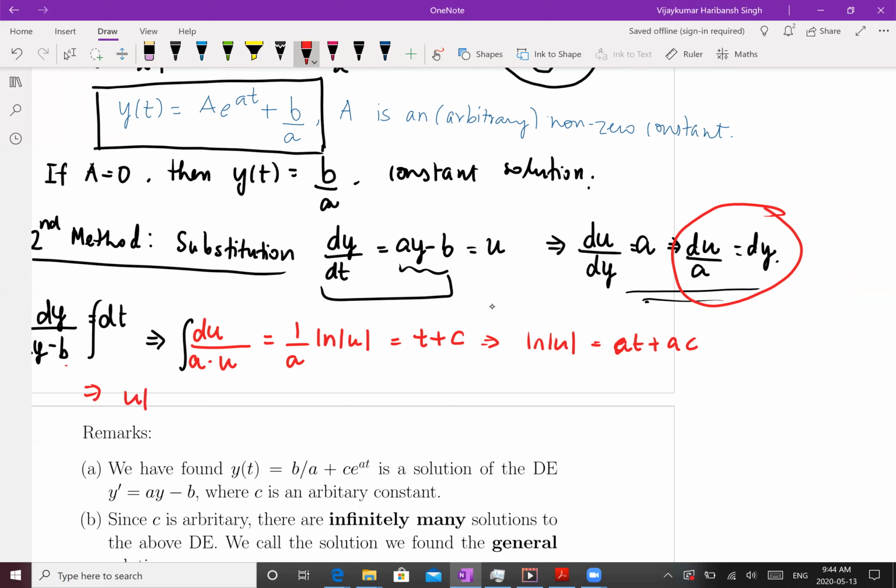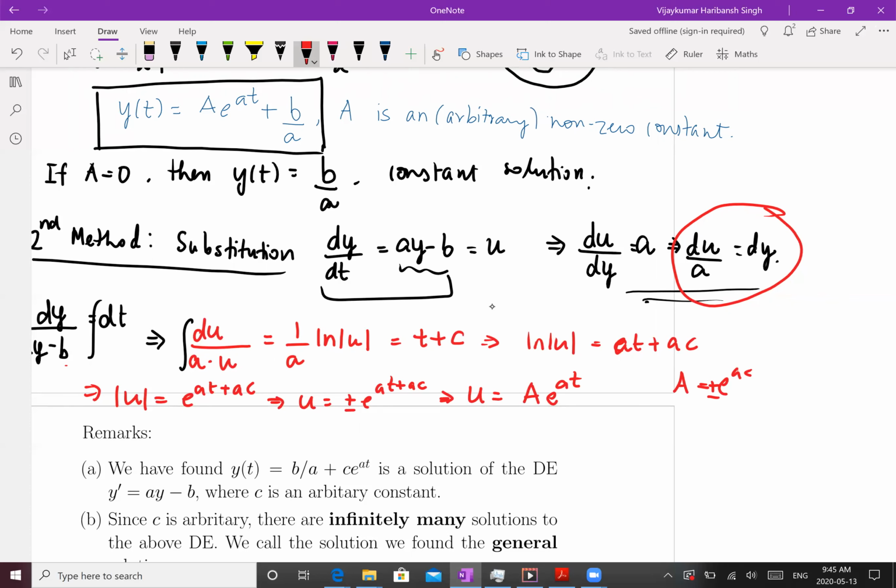Absolute value of u equals e to the power at plus ac, or it gives me u equals plus or minus e to the power at plus ac. And I can again do the same thing. I will call this, this implies u equals A e to the power at, where my A is equal to e to the power ac with a plus or minus sign.